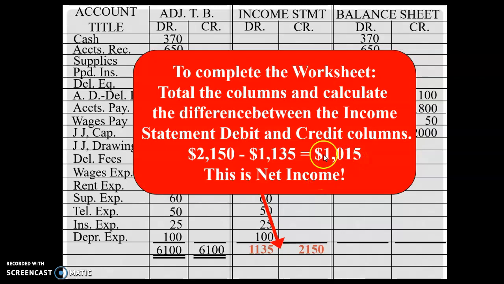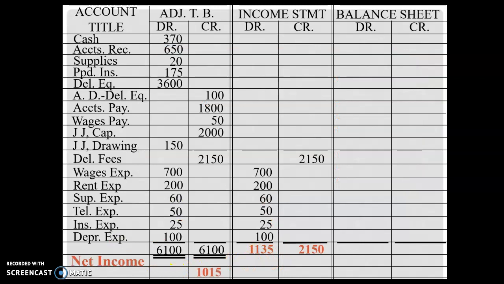But in this case, it's positive, so we have net income of $10.15. Now we're going to put that net income under the smaller number. So 21.50 is bigger, 11.35 is smaller, so we're going to put the 10.15 underneath the smaller number, which is the 11.35. And notice we have written net income over to the side.